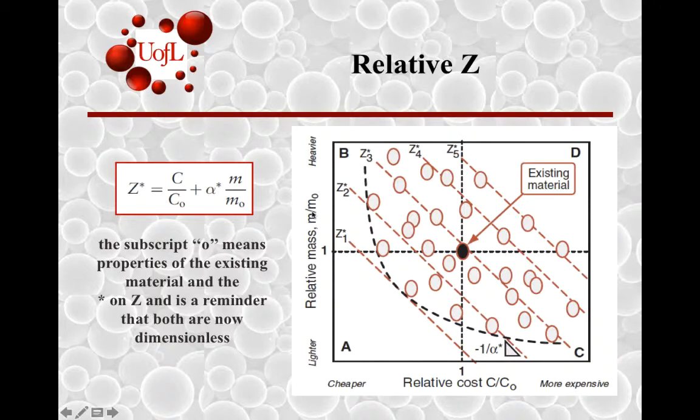So we could on EduPack plot M over M naught, and that corresponds to a cost of C over C naught. And now you're looking at a modified alpha star where we know that this is your existing material and you're looking for something that is either cheaper or is lighter while still meeting the design constraint as opposed to going somewhere else.